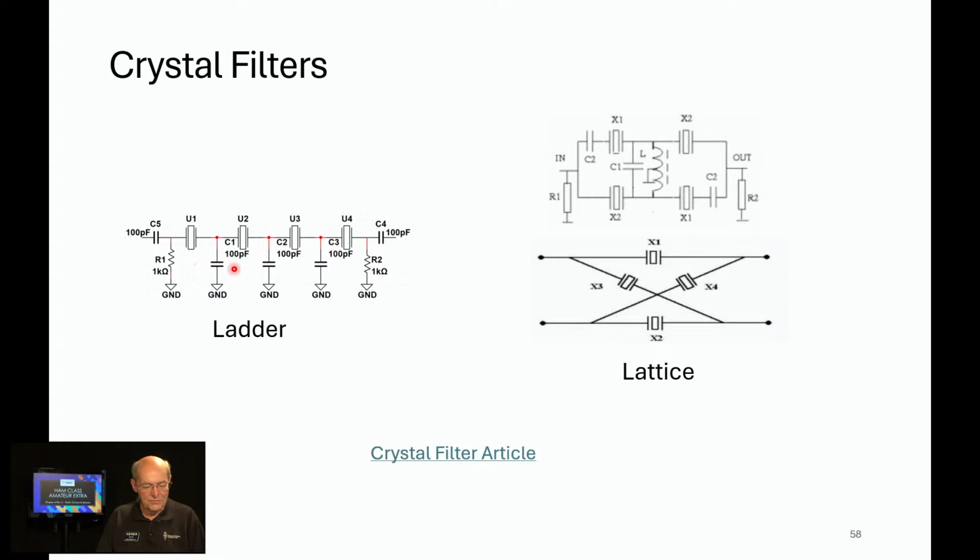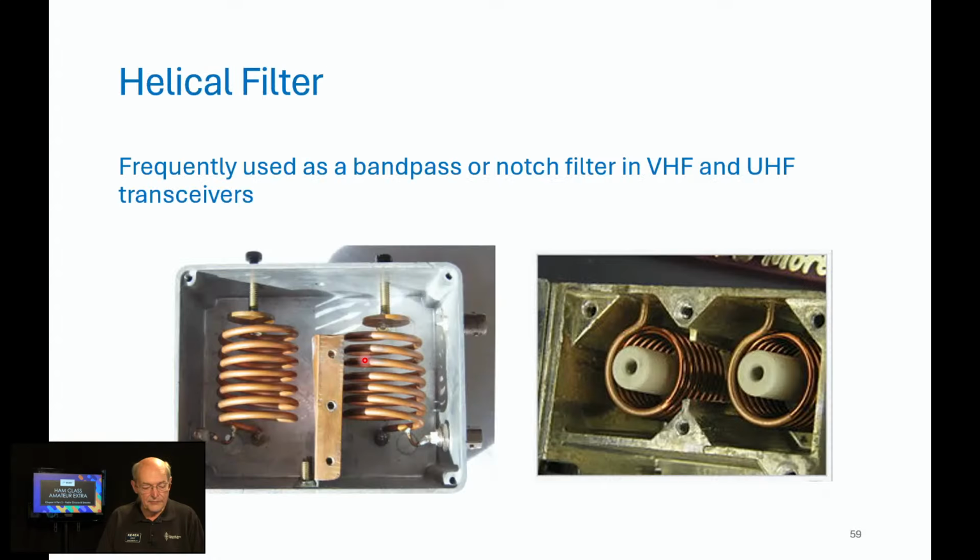So it's the physical layout. And in this case, you can see there's just capacitors around. There's another type of crystal filter that uses switching diodes to change the characteristics of the filter, called a Jones filter, that we'll mention. So these are two implementations of crystal filters.